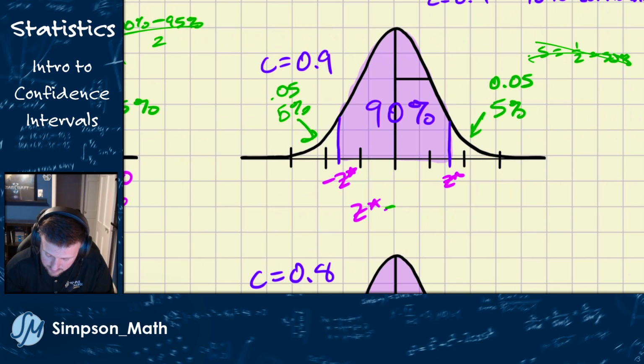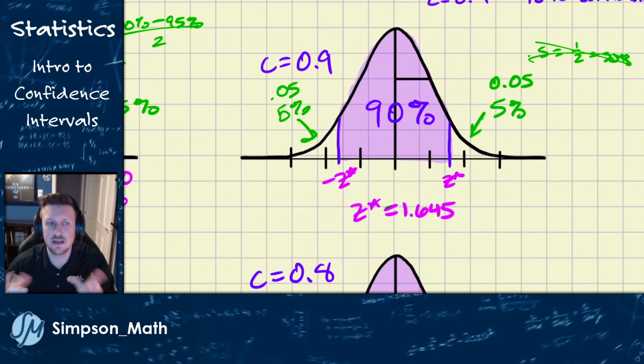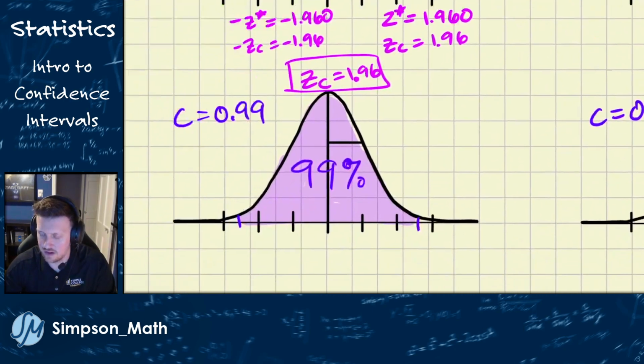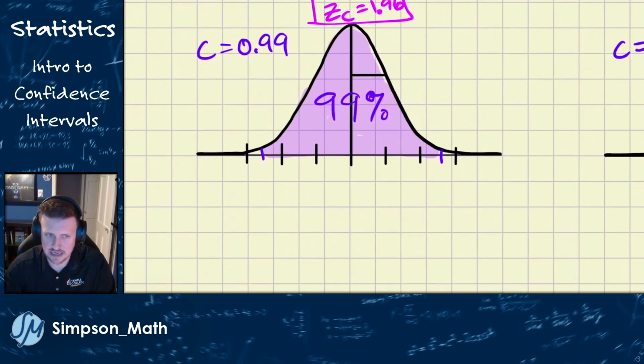We get 1.645. There's a bit of a to-do about this: if you look it up in the table, it is closer to, say, 1.645, so that's the more common value. It usually has that extra 5 on there for the 90%.